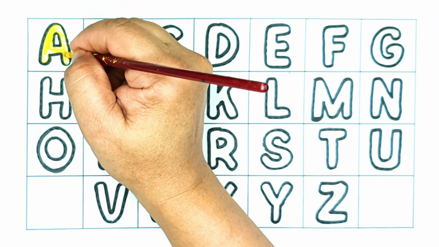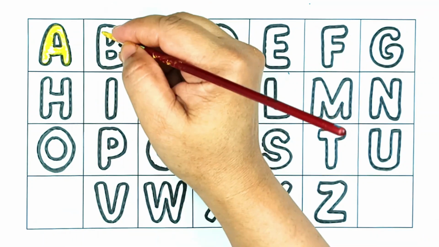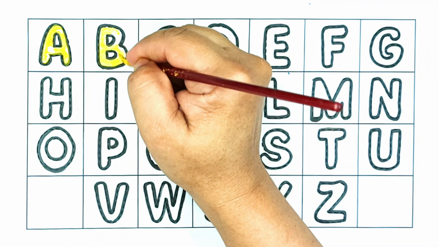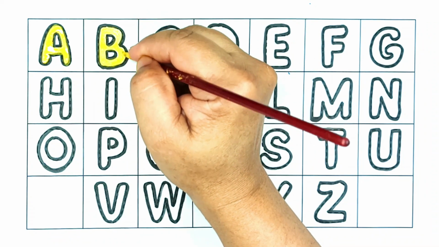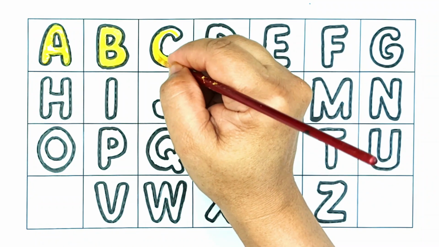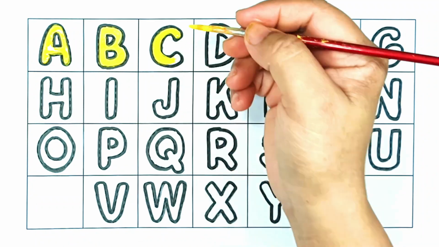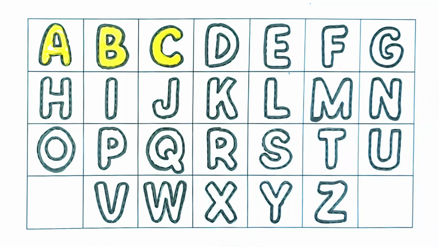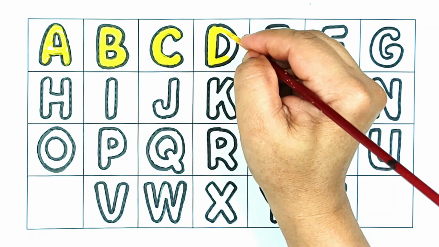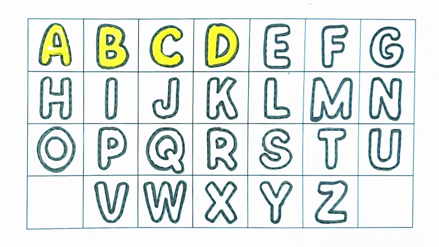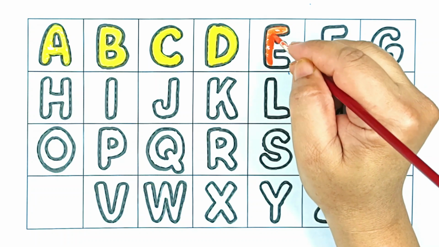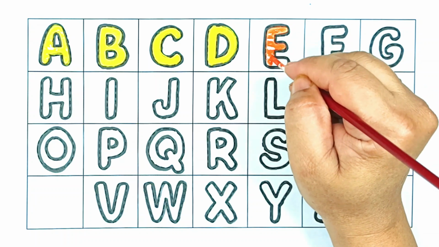A for apple. A for apple. B for ball. B for ball. C for cat. C for cat. D for doll. D for doll. E for egg.